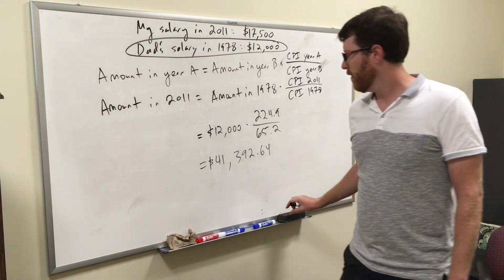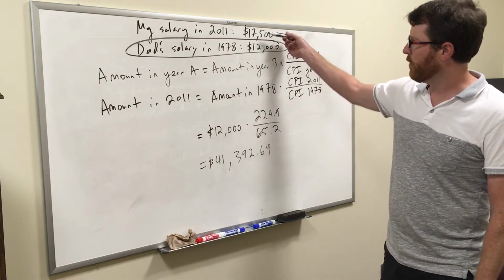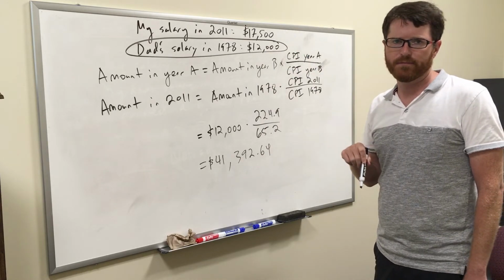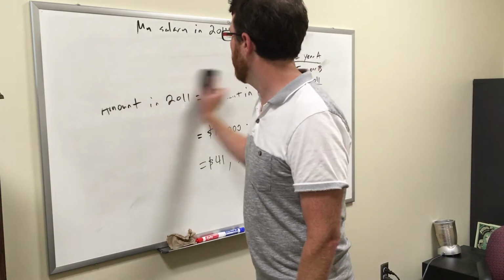Okay? So that's one way we can think about this, and then we can compare, and you see that my dad's salary was actually substantially more than mine once accounting for inflation. Okay? So let's do one more example before we move on.